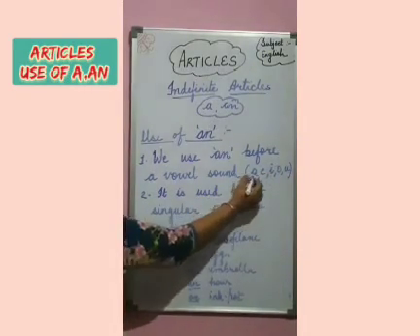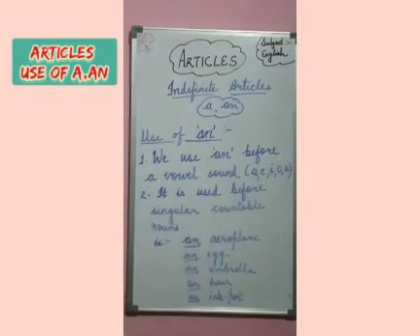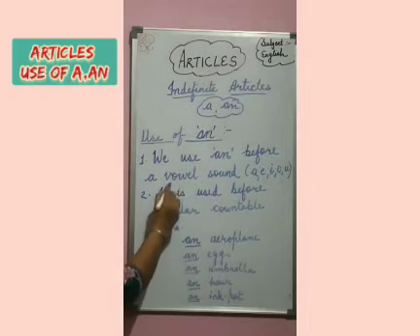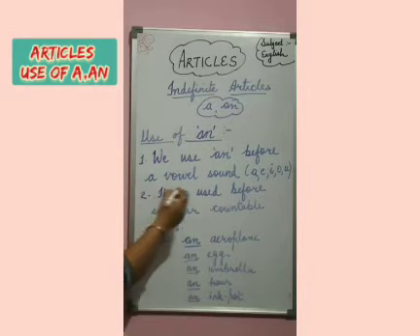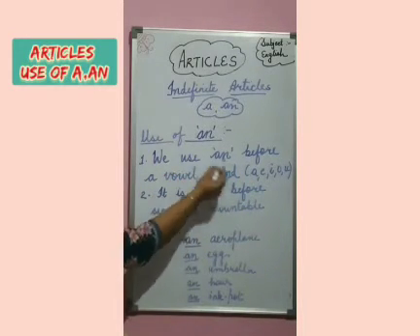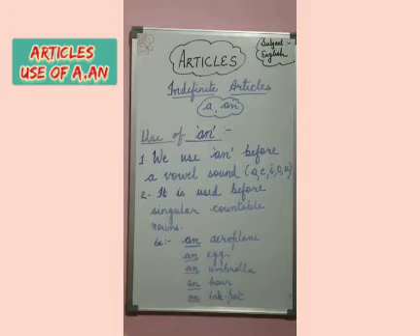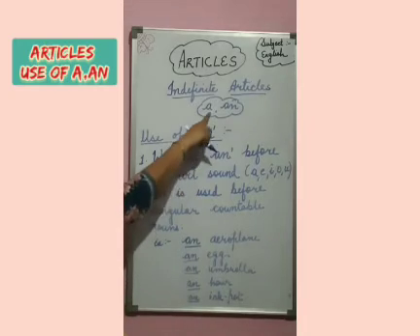There are 5 vowels, A, E, I, O, U, which we call swar in Hindi, right? And always remember, the first sound when we speak any word, if it is a vowel sound, we will put an before it. Next rule is it is used before singular countable nouns like a only.